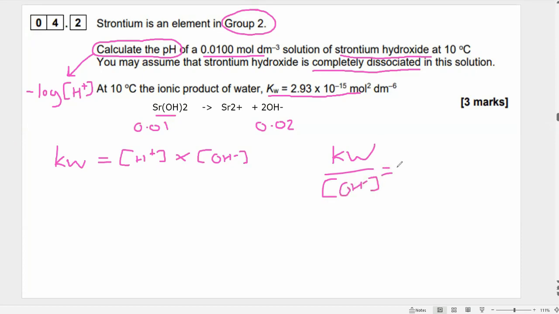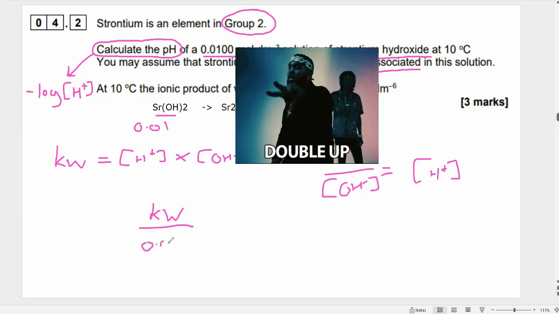Thankfully, that is going to give us this, and if you didn't spot earlier, you're going to lose a mark that strontium's in group 2 and that you needed to double it, then you will be dividing this by 0.01 instead of 0.02.